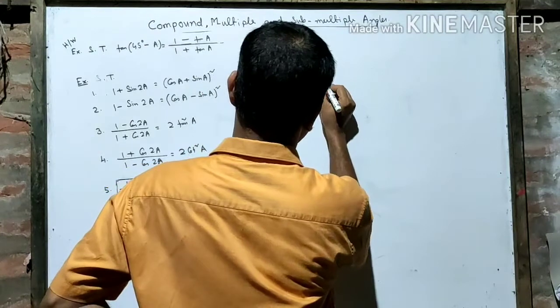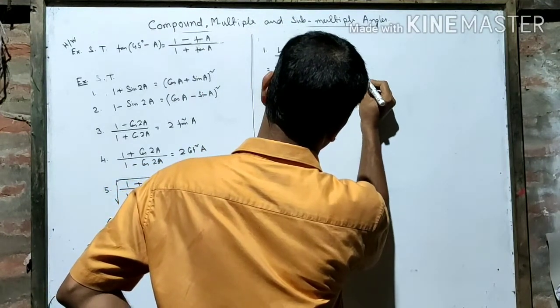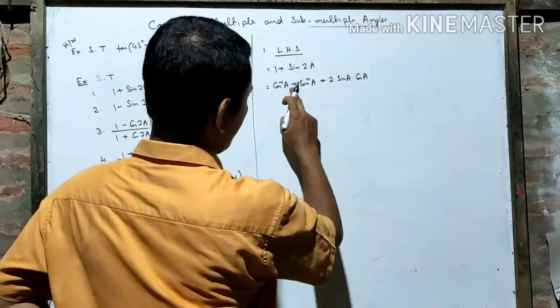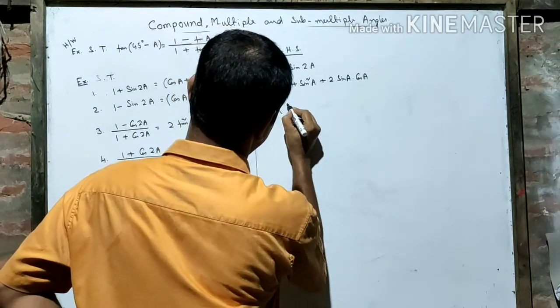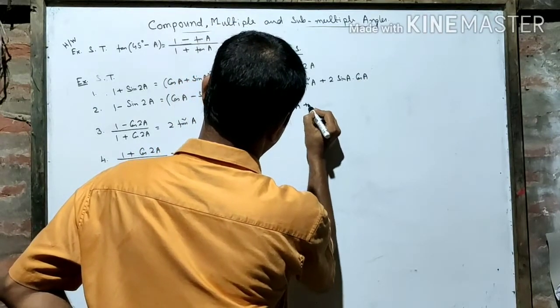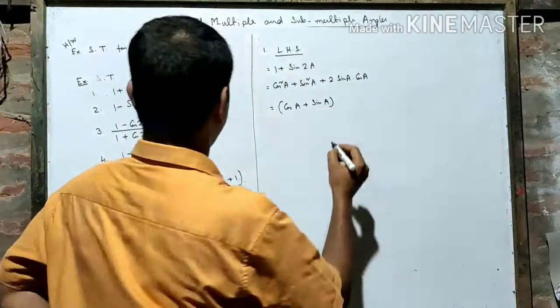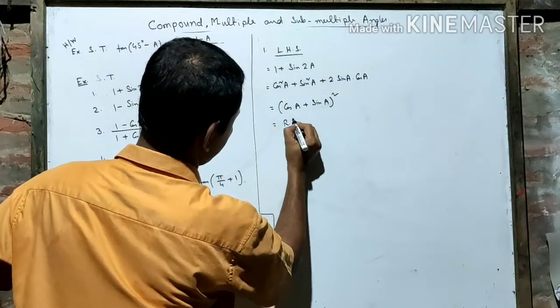And sin twice A is 2 sin A into cos A. Now, a square plus b square plus twice a into b is a plus b whole square, that is cos A plus sin A whole square. So we have proved this is equal to right hand side.